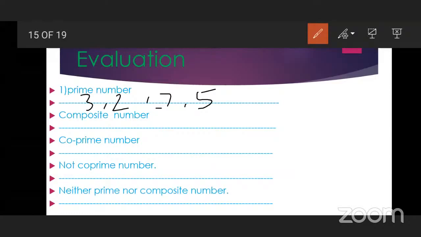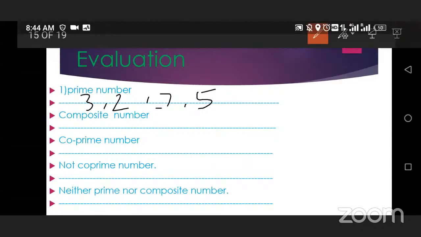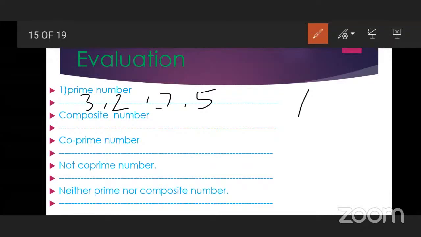Then composite numbers. Composite numbers have more than two factors. Very good.